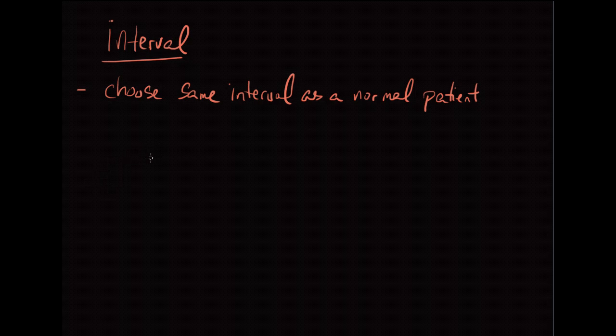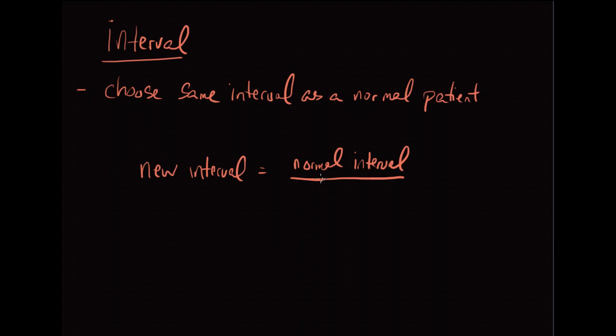And to do that, you calculate the following way. You just do the new interval, which is what you want. It's going to equal the normal interval, which you already know. This is the normal interval of drug dosing for a regular patient, divided by what you calculated on the previous screen, which is a fraction of the loading dose.